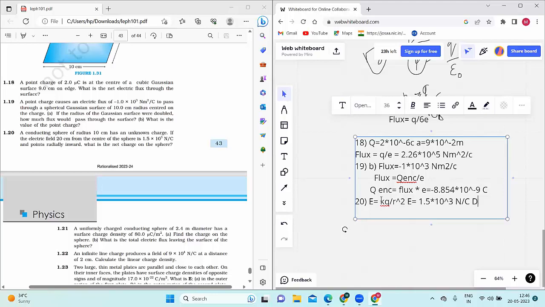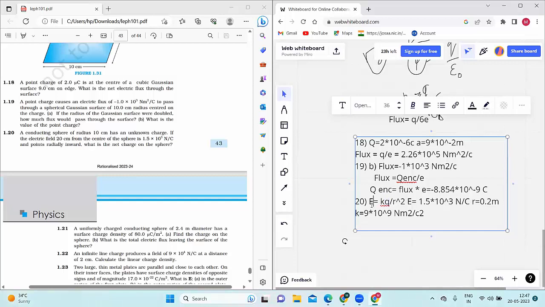And the distance r equal to 20 centimeters, so 0.2 meter, and the value of k is 9 into 10 power 9 Newton meter square per coulomb square. By using all the values, we can find the value of q.